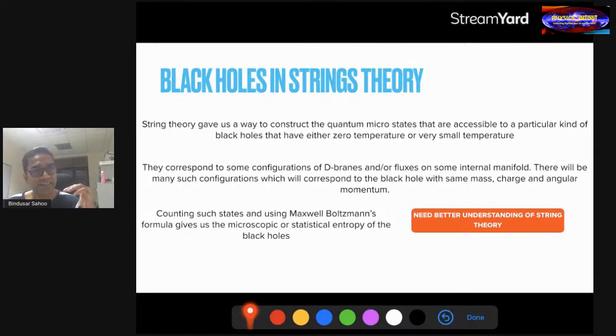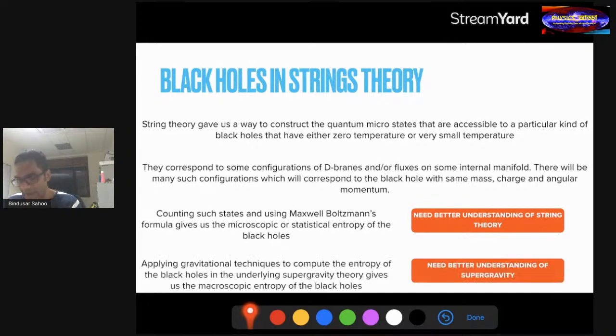Counting such states and using Boltzmann's formula gives us the microscopic or statistical entropy of the black hole. For that, one needs a better understanding of string theory, so a lot of people work on how to effectively count these states and compute the microscopic entropy of black holes. On the other side, you need to compute the gravitational entropy of the black hole from the theory of gravity.